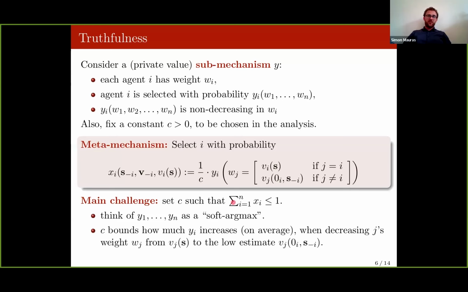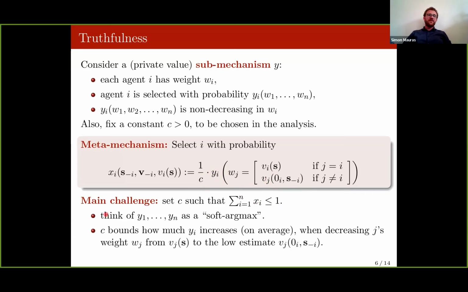And so because we're running this algorithm Y multiple times with other people having scaled down values, maybe the probabilities xi are going to be too high. And so maybe we will have this problem of promising the item to too many people. And that's where this parameter c comes into play.